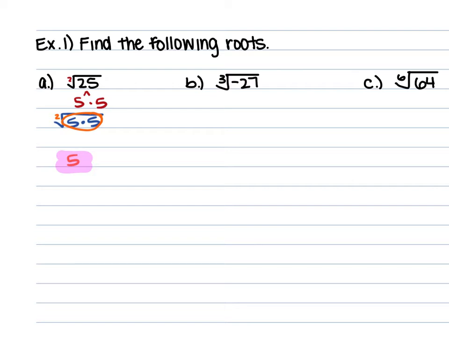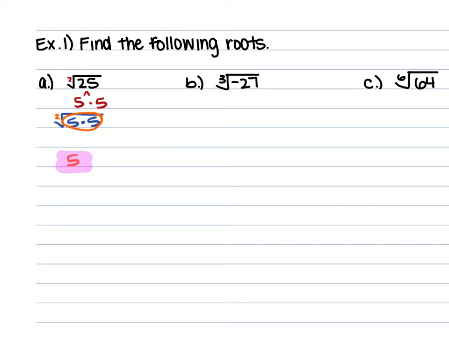For example B, we have the cube root of negative 27. Now, with this one, we see that we have a negative underneath that radical. The only time that it is okay to have a negative underneath a radical is if that index is an odd number. Odd numbers like 3, 5, 7, 9, and so on. This index is odd. We do have a negative underneath that radical, so it's okay to do.